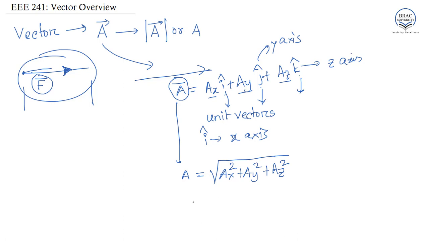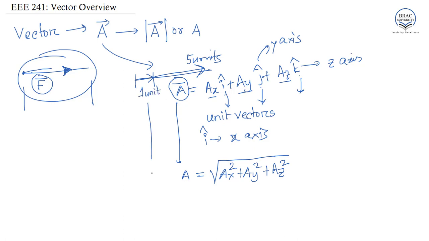And if we were to find a unit vector along the direction of A, for example, let's say this vector has a magnitude of 5 units. So a unit vector along the A vector will be along this direction with a value of 1 unit, right?